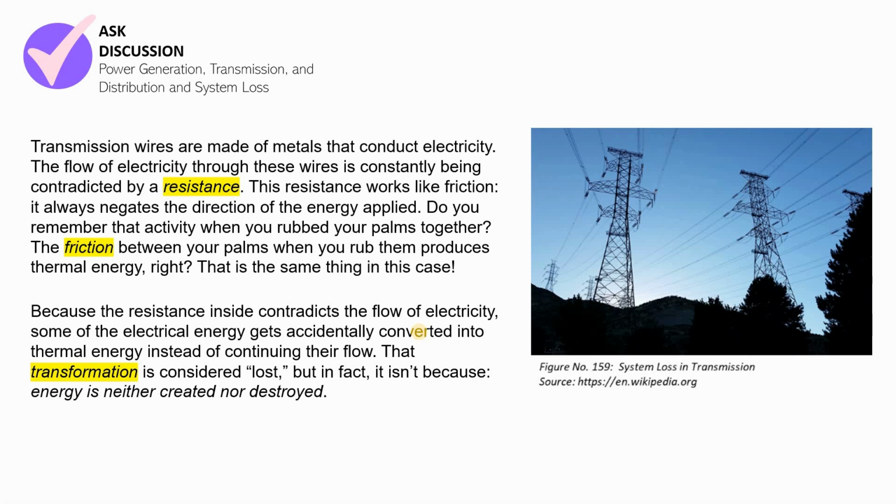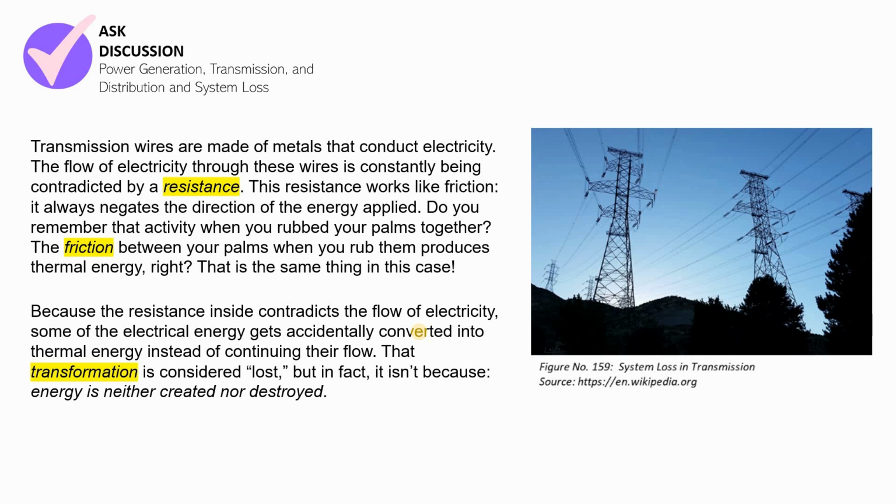Nako-compute ng mga electric cooperatives kung gaano karami yung electricity na na-convert into thermal energy. Nakadepende yon kung gaano rin kalayo yung bahay ninyo dun sa station or substation nila.